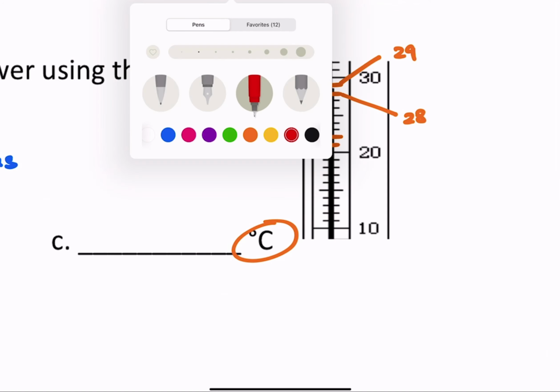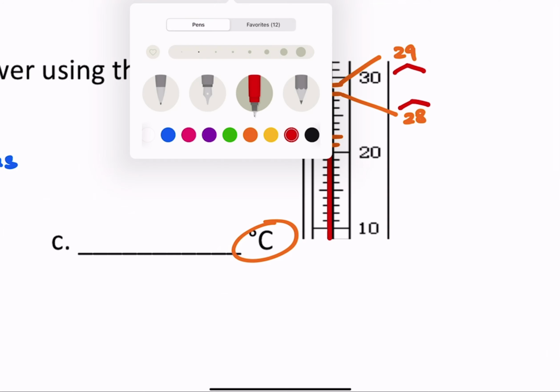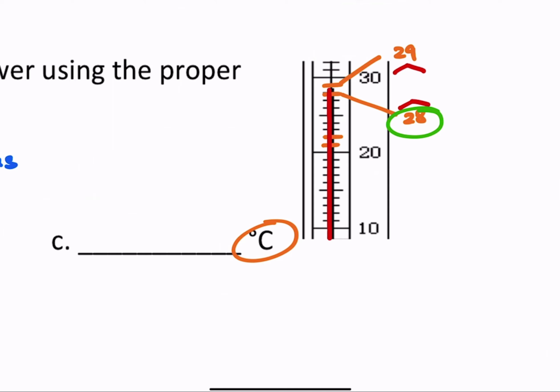Again, if we look at the level here, this is right in between, so it's greater than 28 and less than 29. And for this reason, I am sure of the 28. So the 28 will represent my certain digits. I'm going to write it down.